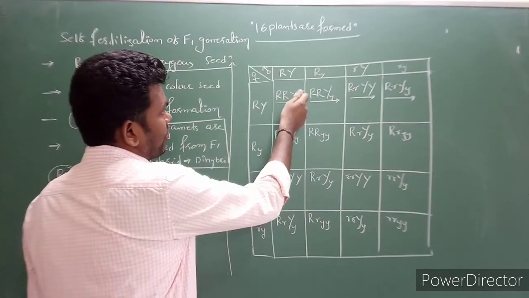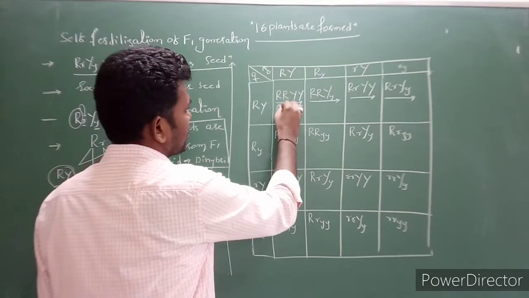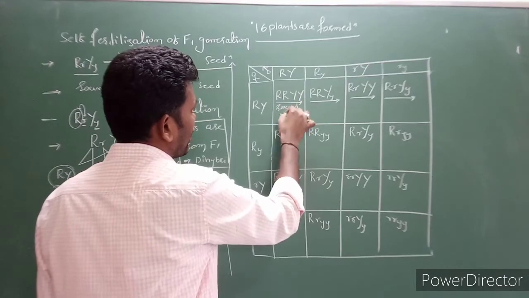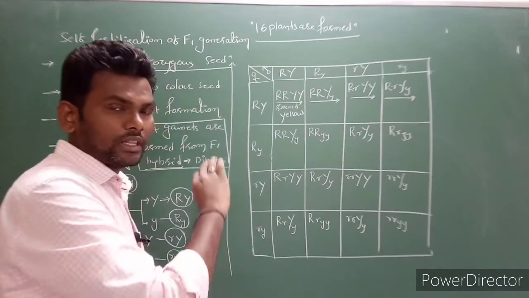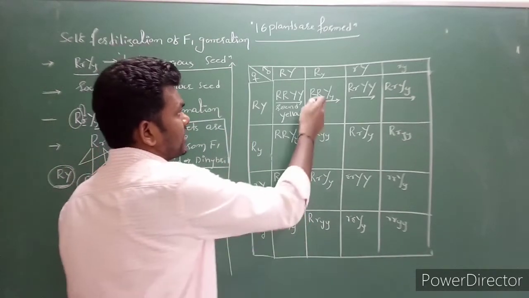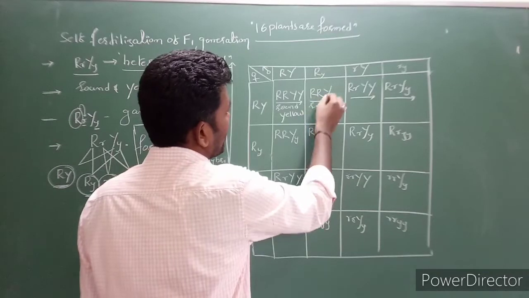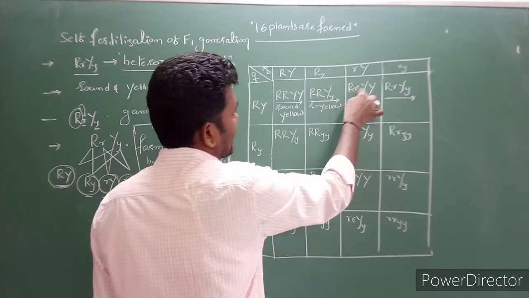Here, capital R, capital Y, capital Y. It means it is round and yellow. Okay. How do we write the entire characters? Next, this one is round yellow. Here also round yellow.